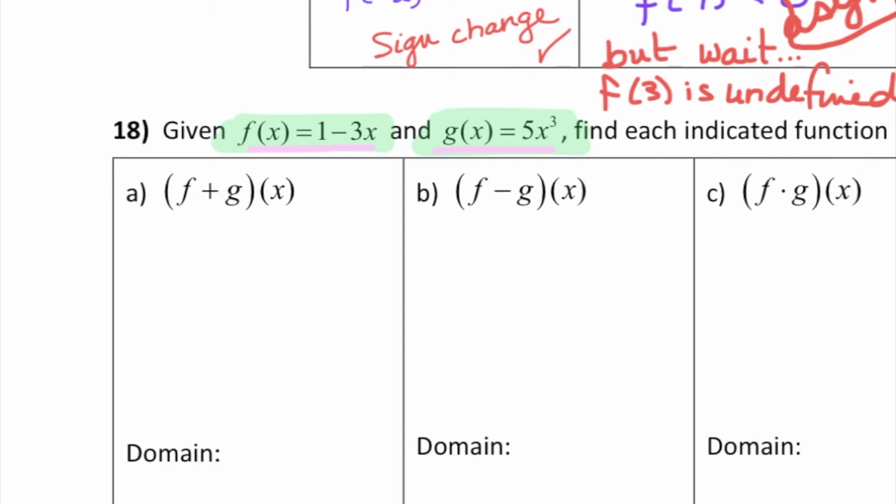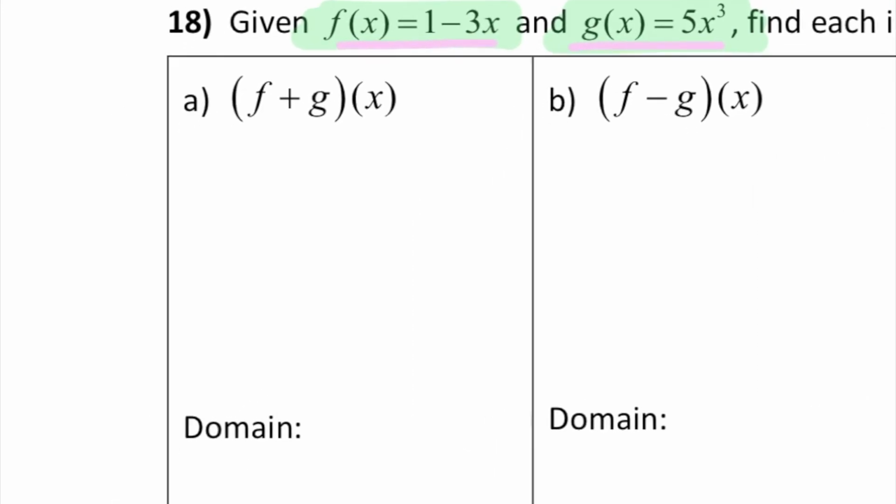I can say the domain of g is all real numbers. I can input any real number into the function g and get an answer. And so unless there is a reason why in my answer function I have to exclude a number from the domain, I should be free and clear to have all real numbers as the domains of my answers.